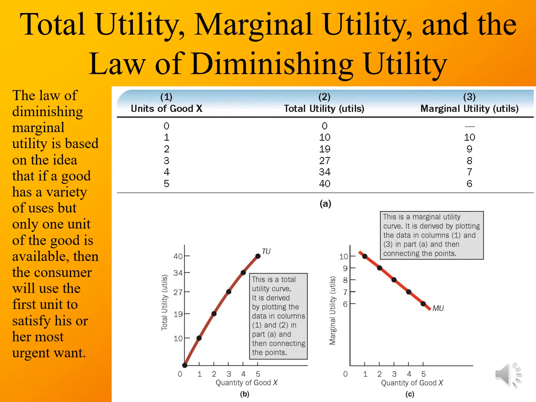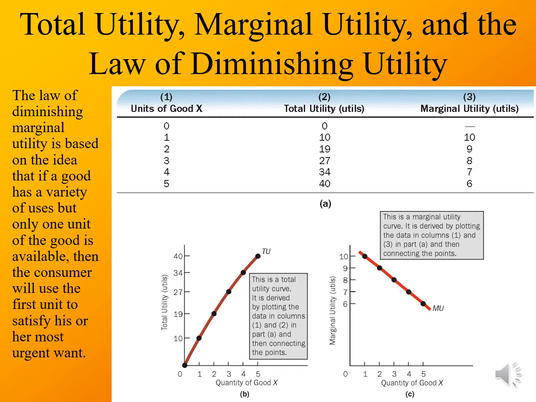This is a pictorial or graphical representation of total utility, marginal utility and the law of diminishing marginal utility. We can understand these three concepts from this single graph. We can see that the units of good X consumed are increasing from 0 to 5, and in the second column, the total utility is increasing, that is, 0 to 40.